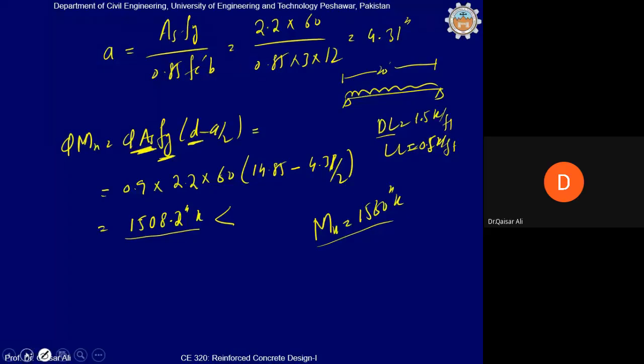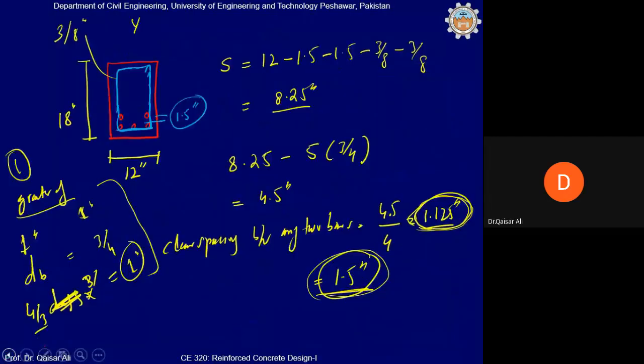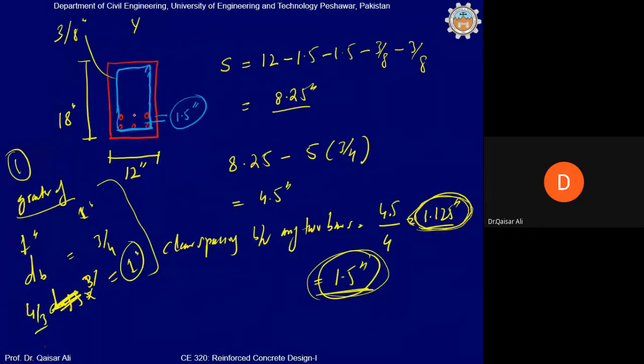Clear? So in this case, we will just add another bar here, and this will basically satisfy the given demand requirement. Clear?